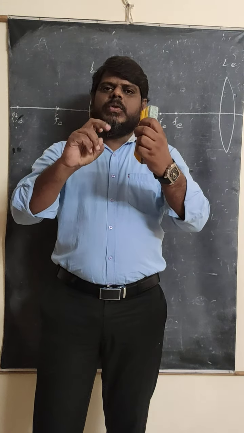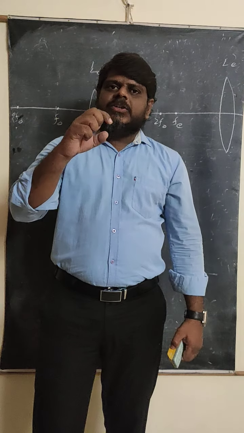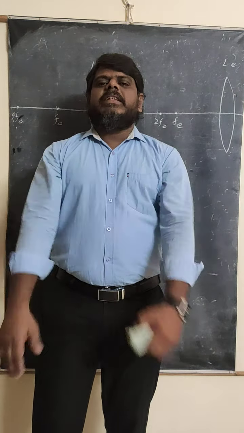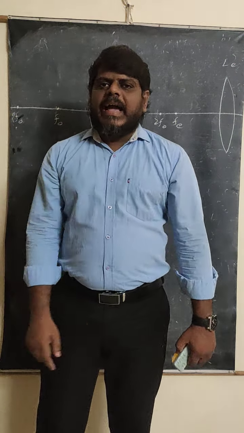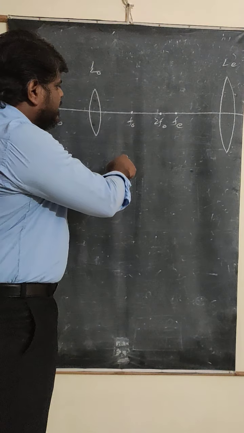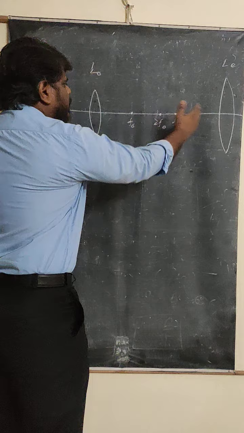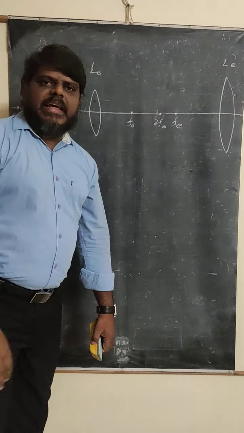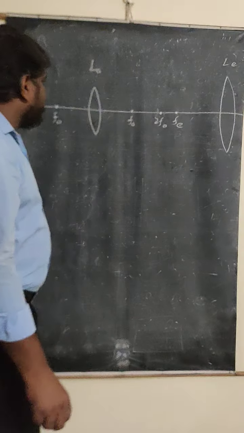If you rotate that screw in one direction, the distance between the lenses increases. If you rotate the screw in the other direction, the distance between the lenses decreases. Whatever screw we use, that is called the rack and pinion screw. In the same way, there is a rack and pinion screw here too. By using that screw, you can change the distance between the lenses. Now, let us find out what happens here.